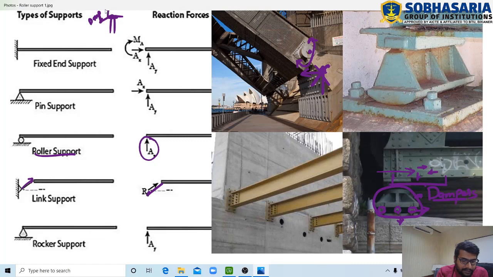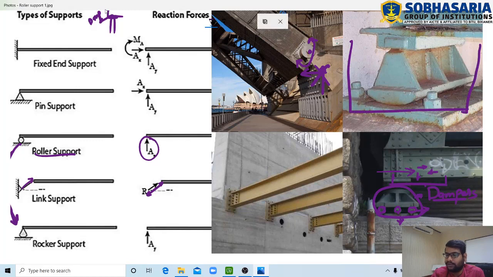Along the way it is placed, it will restrain movement in that direction. Rocker support is similar to roller support. Roller support and rocker support are similar. You can see a rocker support here. You see this bottom is curved like this, so it will allow movements. It can allow movements to and fro.